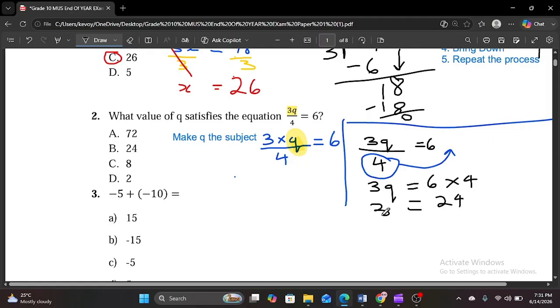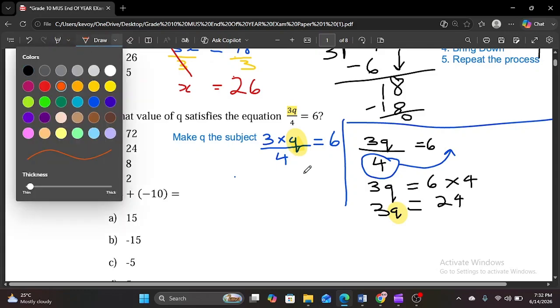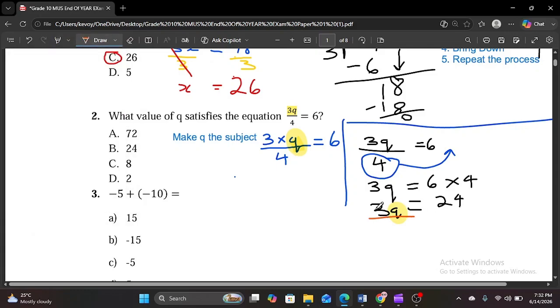And then we have our 3q. At this point it's pretty easy to finalize because we know that the 3 is multiplying the q. If we want to get q by itself, all we have to do is divide by 3, since it's multiplying q.